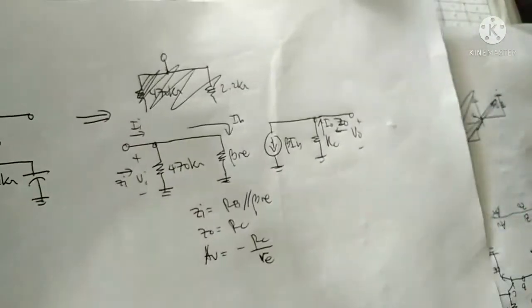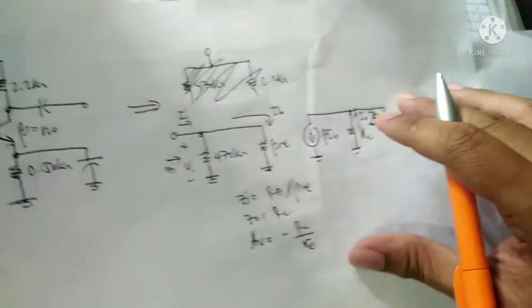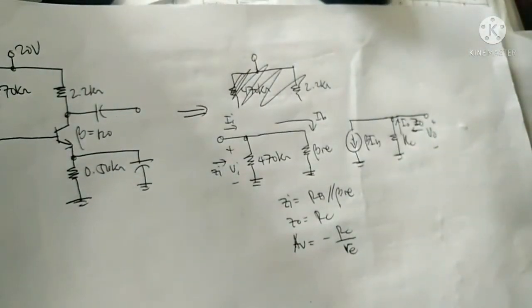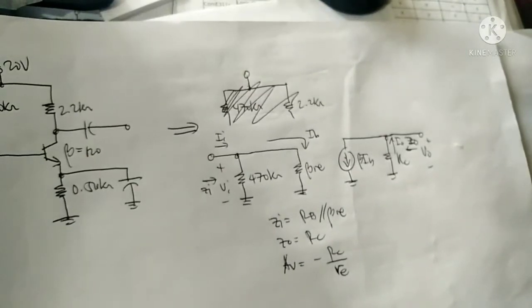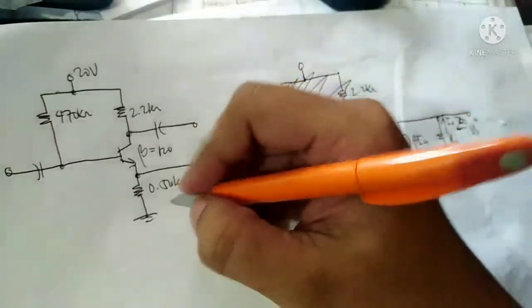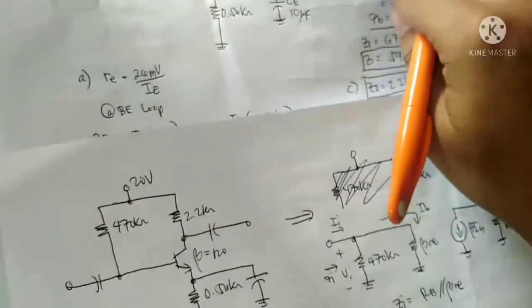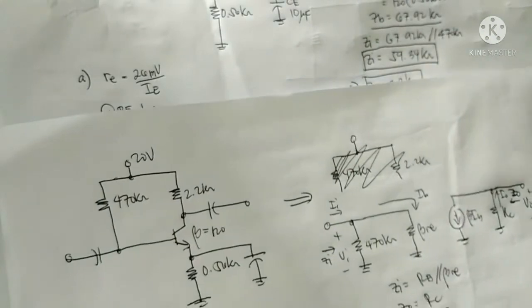So let's compare. Since we've calculated the RE, we have the same RE. Since we have the same I sub E in our formula, in this circuit, the RE is equal to 5.99.